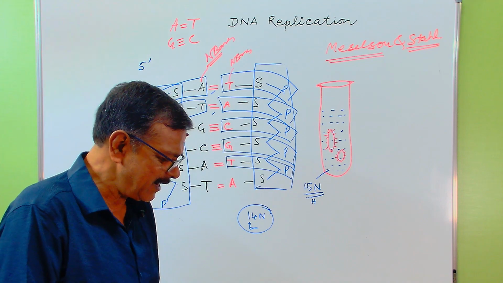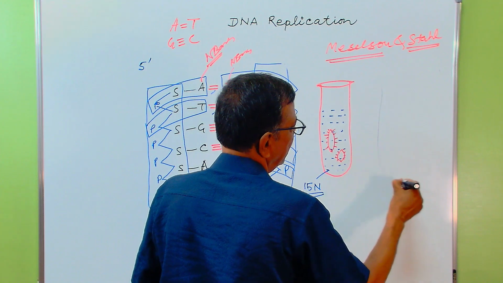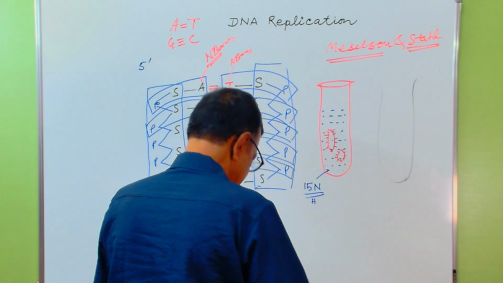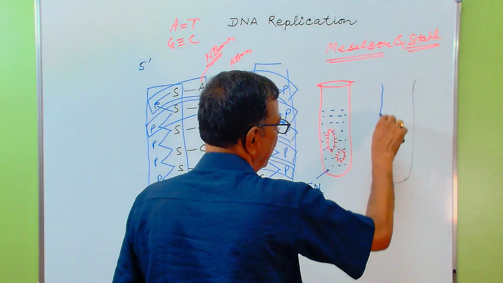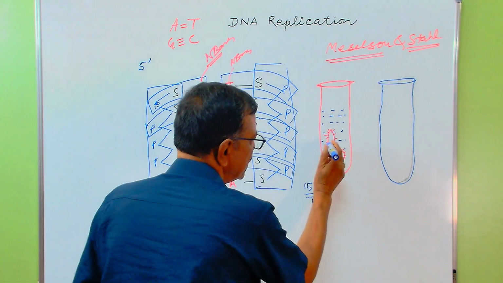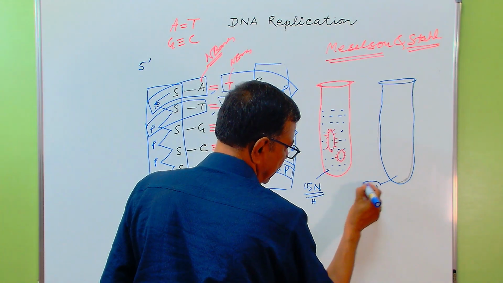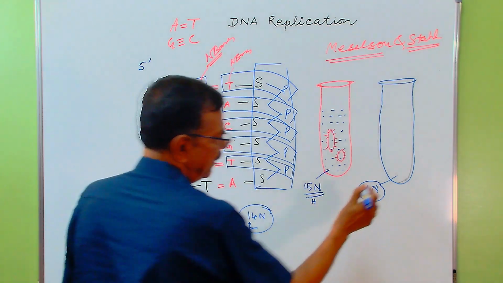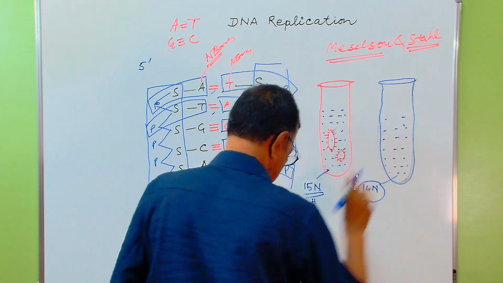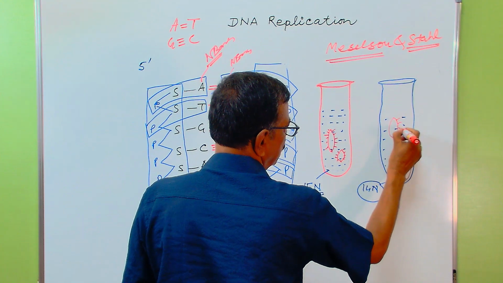Thereafter, they put these bacteria in 14N, nitrogen isotope 14N, a solution of nitrogen salts of 14N, and they grew the bacteria here.